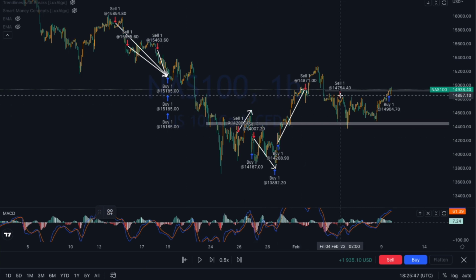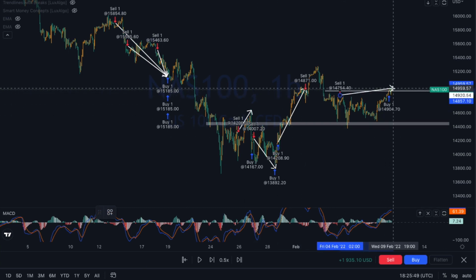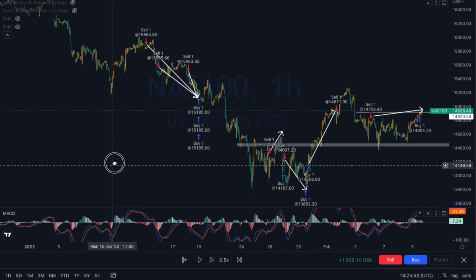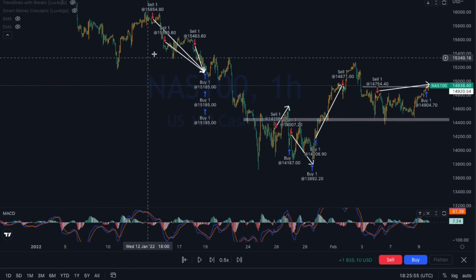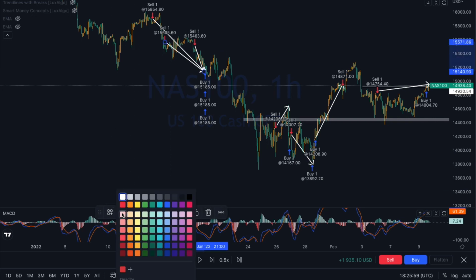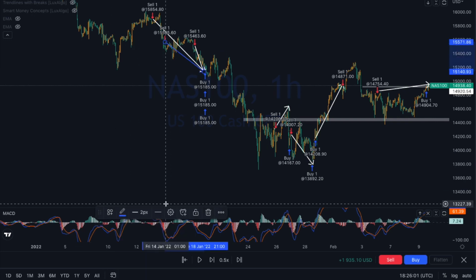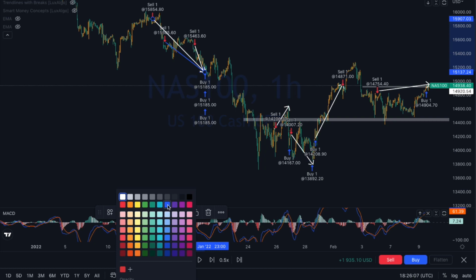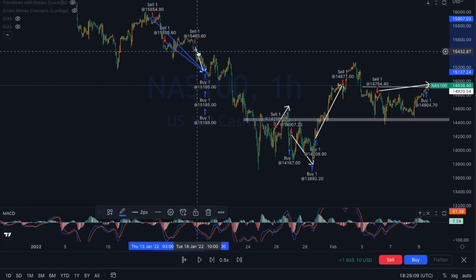So we sold up here, and we got out over here. So I'm going to make this blue, and that should be everyone's favorite color on the MT5 or MT4. If you know, you know. So this is all blue, our favorite color.